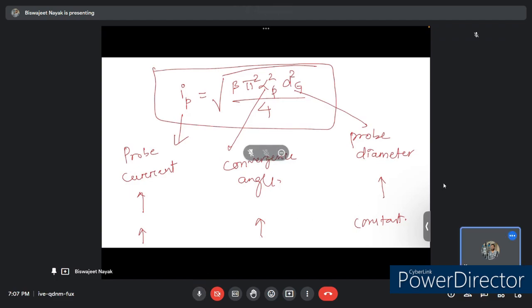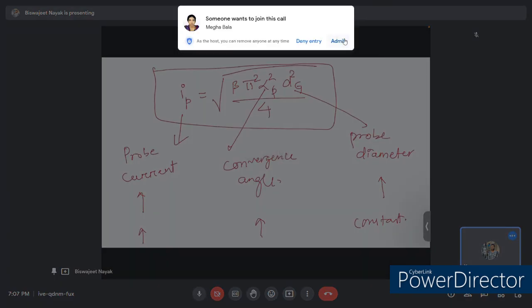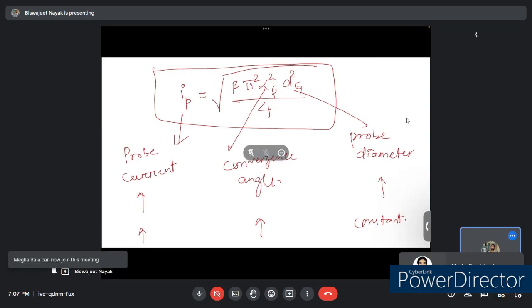Then moving on, the next question comes: what happens when a beam electron encounters specimen atoms?